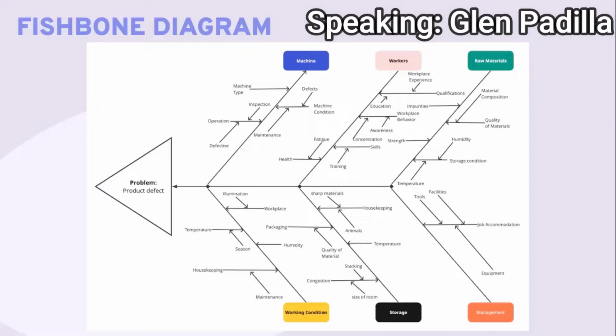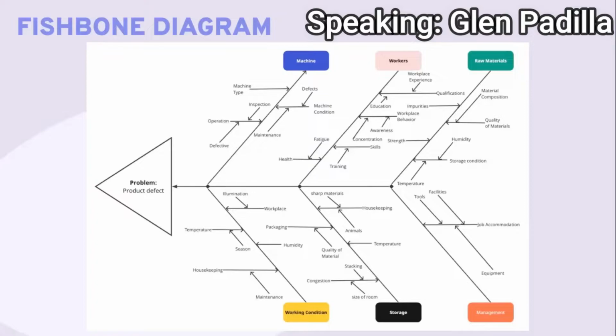Poor workplace behavior is caused by workers showing no concentration and awareness to their work. Lack of skill happens when the workers do not participate or receive proper training or refresher courses. Health of the workers can also affect their performance, and thus they are more prone to producing defective products.